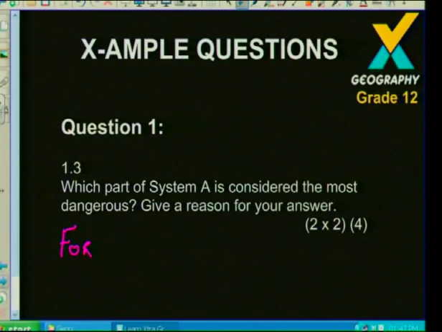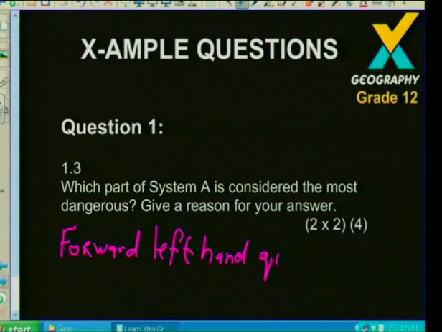So it's the forward left-hand quadrant. All right? What would be our reason? Remember, we spoke about it and we said that in the forward left-hand quadrant, the isobars are very close together.